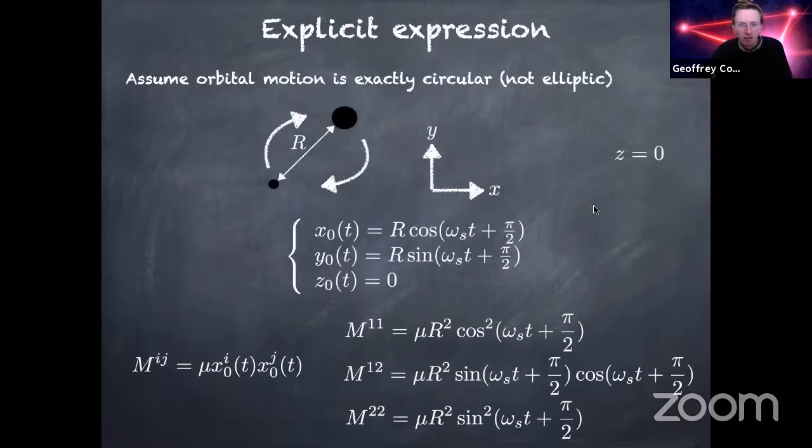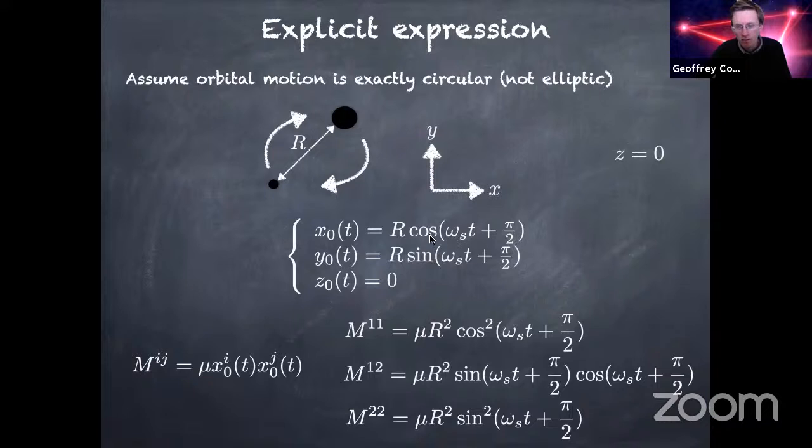Okay. So now, if we have a circular motion, I split the relative coordinates xi into Cartesian coordinates x0, y0, and z0. I will assume that the motion is inside the z equals 0 plane, with x and y coordinates. Since the motion is circular, it's given by the radius times cosine and sine.